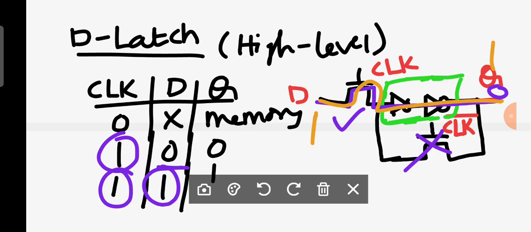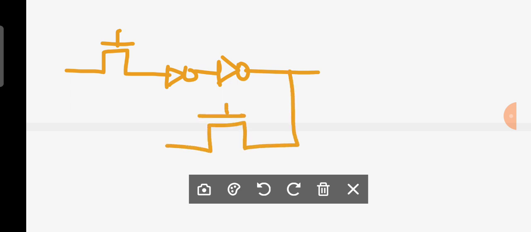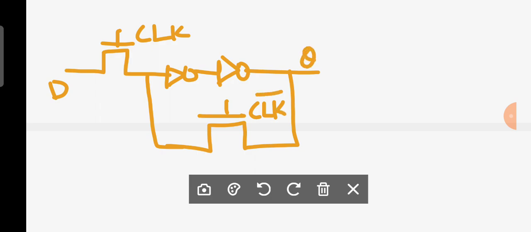Is it clear? If you want to replace this with transmission gate logic, I will show one more time. This is with the help of pass transistor. This will be D, this will be clock, clock complement, and it is Q. Now how to replace?